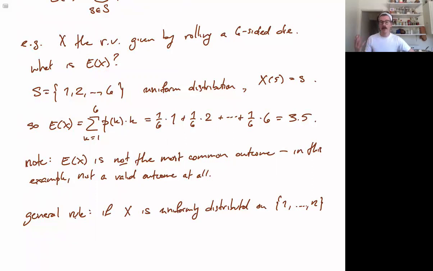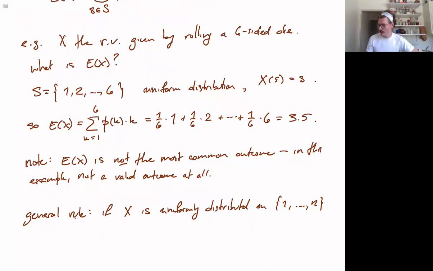Remember, if we have a random variable, then looking at the image of this random variable as a function to R, together with the probability that X takes each of those values, which we defined last time, gives us a distribution. So when I say things like this, what I mean is that the distribution that results from this random variable is the uniform distribution on this set.